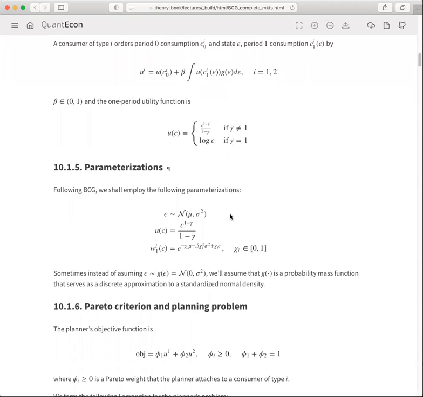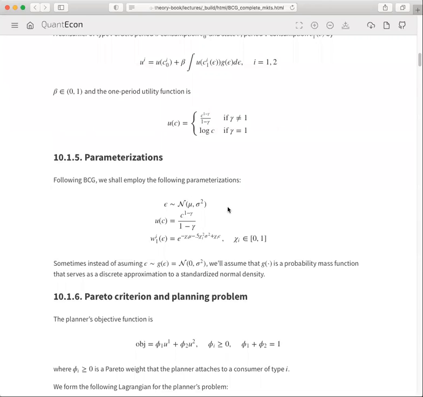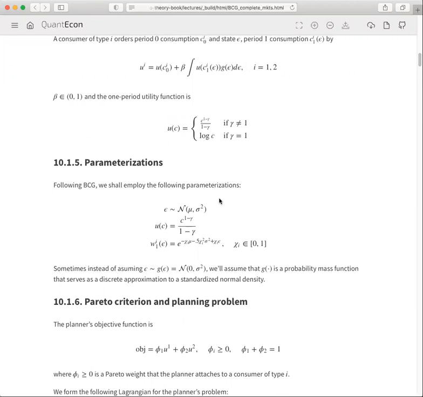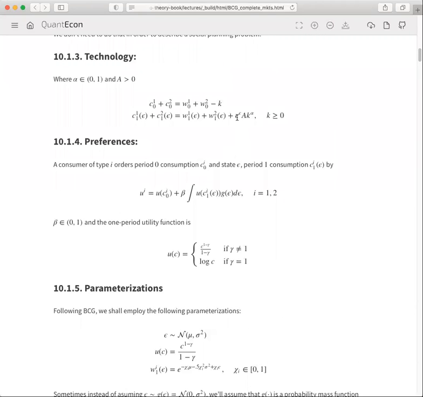And following Bisin, Clementi, and Gottardi, we'll often assume epsilon is normal, so that this physical return here is going to be log normal.